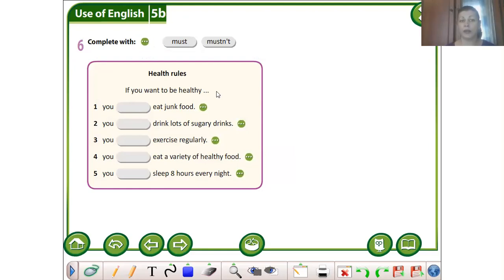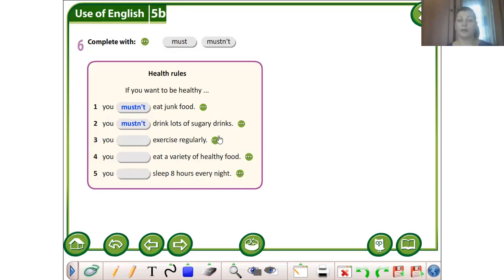If you want to be healthy, your choice, mustn't eat junk food. Right you are. If you want to be healthy, you mustn't drink lots of sugary drinks.